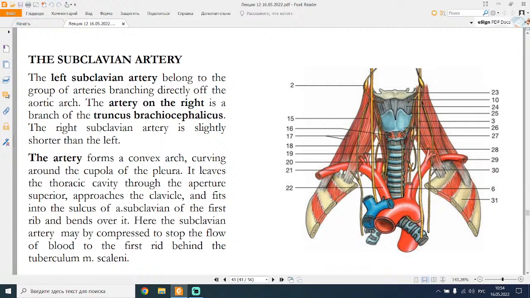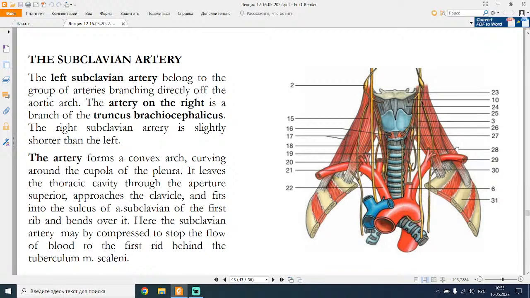Here, the artery subclavia may be compressed to stop the flow of blood against the first rib, behind the tubercle of musculus scalenus anterior. This is the point to stop the flow of blood against the first rib behind.